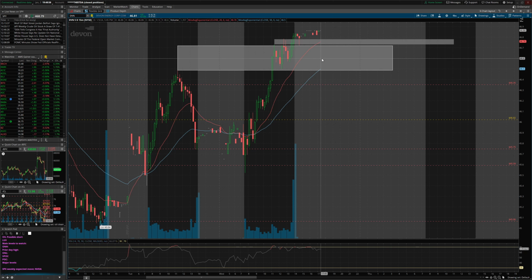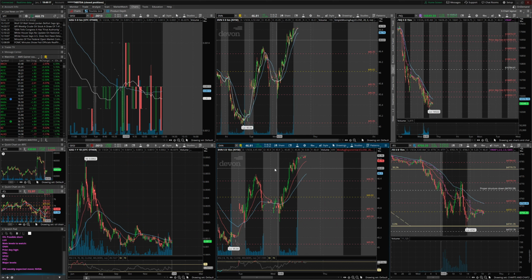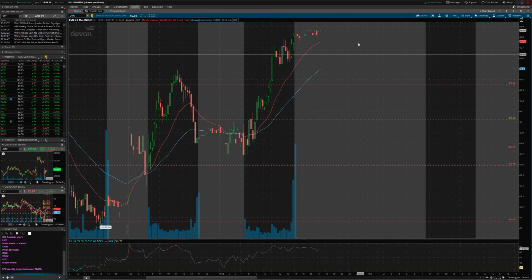If it opens around this area, I will probably have to wait for it to tag something like this and then bounce. If it opens around this area, I will probably buy it at the open. So it just depends, right? And then I judge whoever is moving, and then okay, let's get in or not. Not every trade is necessarily going to be a winner, but that's the idea.